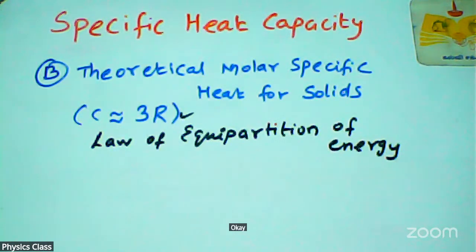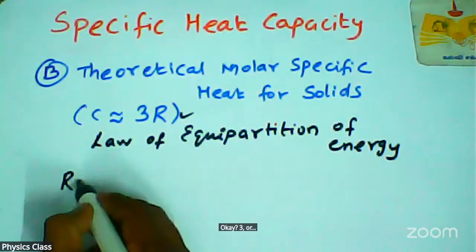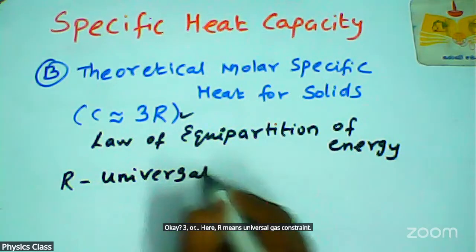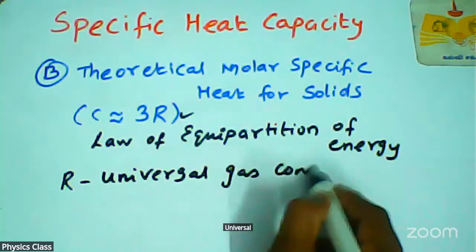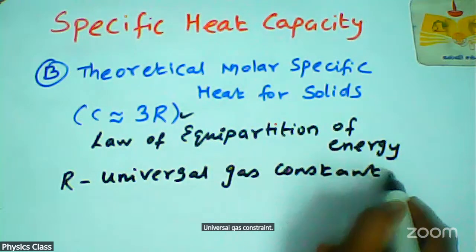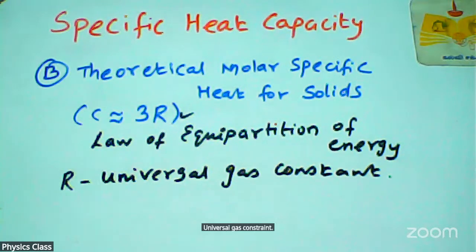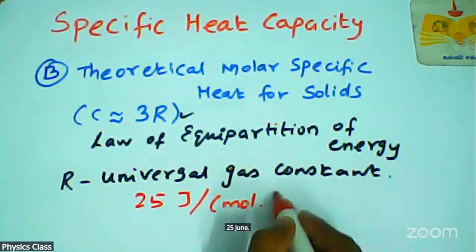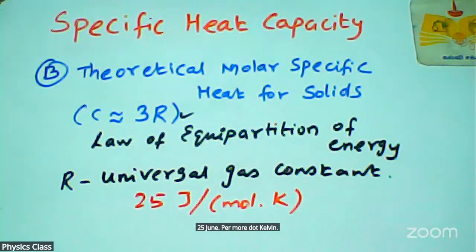Here R means the universal gas constant. This value is about 25 joule per mole Kelvin.